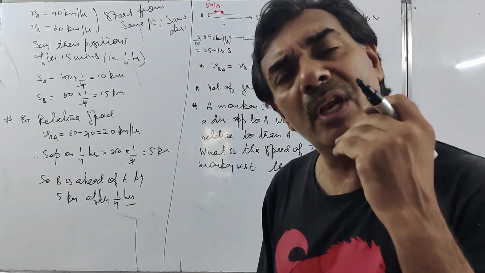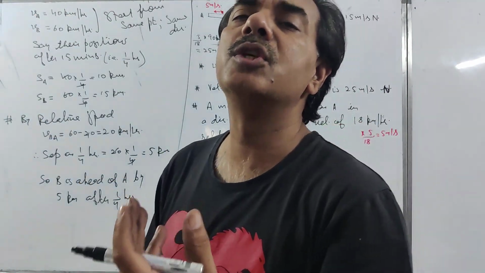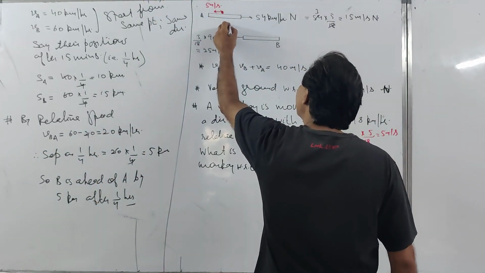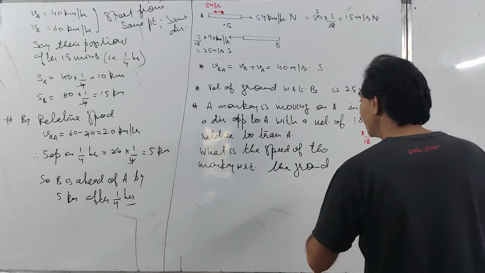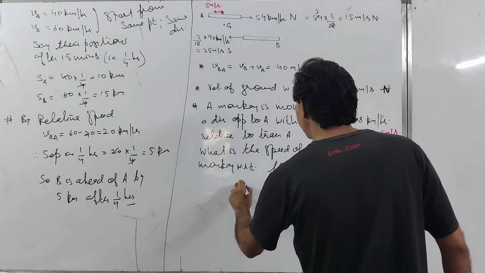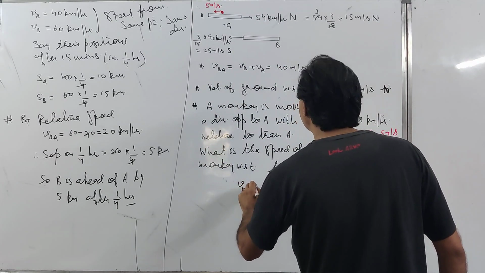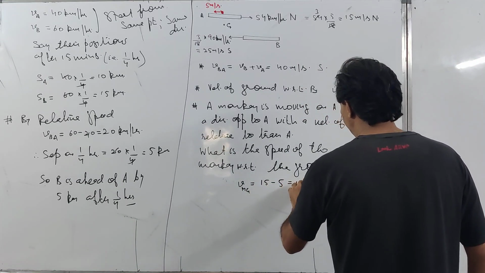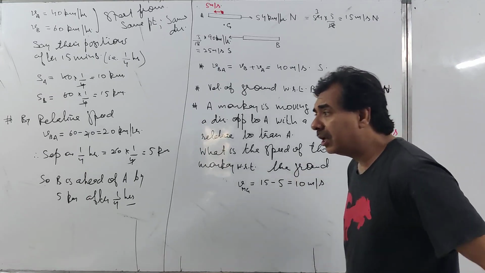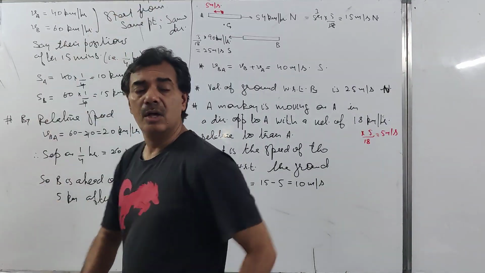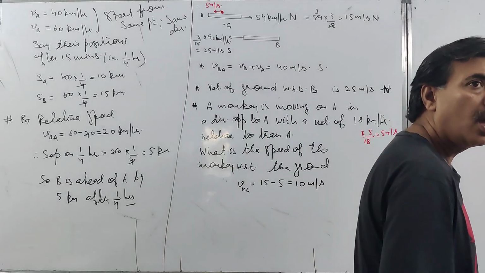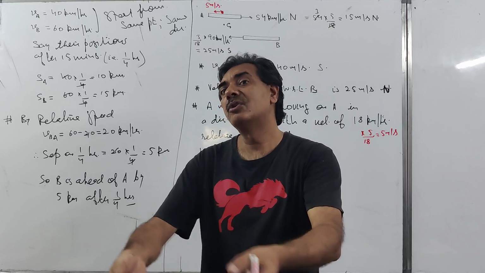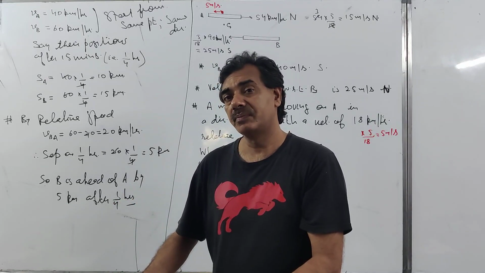But now the monkey is moving in a direction opposite to the train, so its speed with respect to the ground will be a little less. So the speed of the monkey with respect to the ground is going to be 15 minus 5 equal to 10 meter per second. The train is taking him this way, and he himself is running a little this way, so obviously with respect to anything outside, his position will change less.